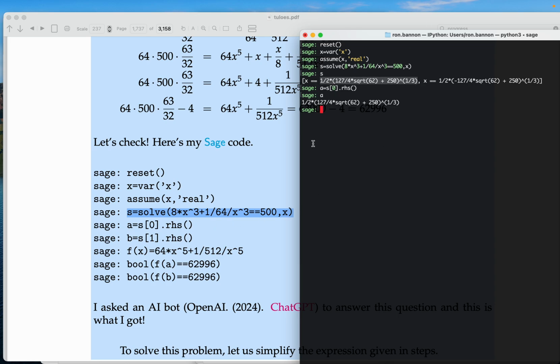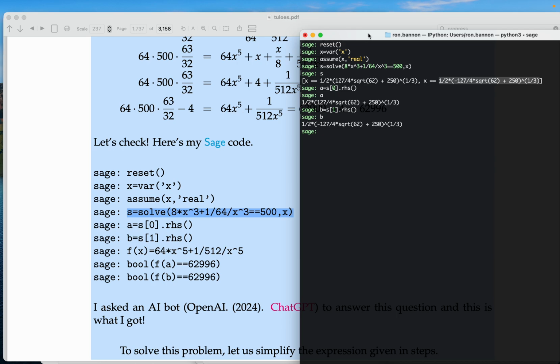That's what it displayed. All right. Now let's do b. And what's b going to be? B is going to be s, the second element, which is going to be 1 because we start counting at 0, and right-hand side. And let's just display b and explain what b is. B is the second solution to the problem right over here.